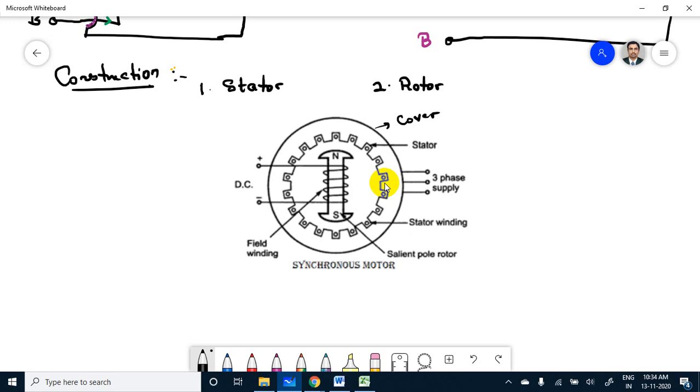This stator has slots, a small circle you see in that. The conductor is nothing but a wire, and this is the slot duct, we can say. The combination of all these conductors is known as stator.